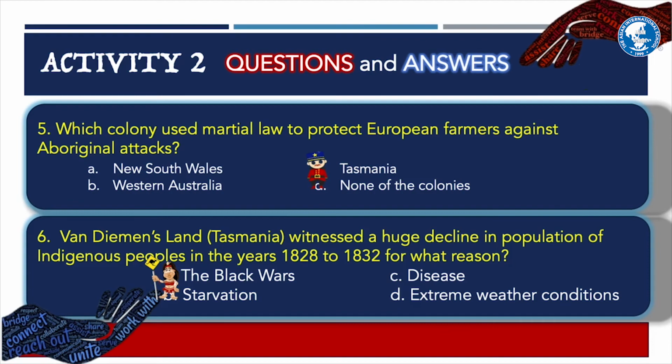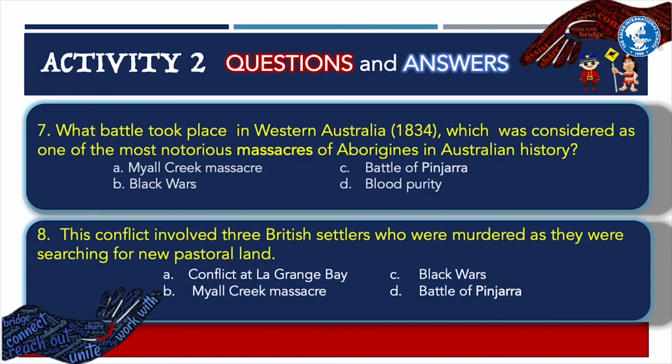Letter A. Number 7. What battle took place in Western Australia, which was considered as one of the most notorious massacres of Aboriginals in Australian history? And the answer is letter C. Okay, next, number 8.